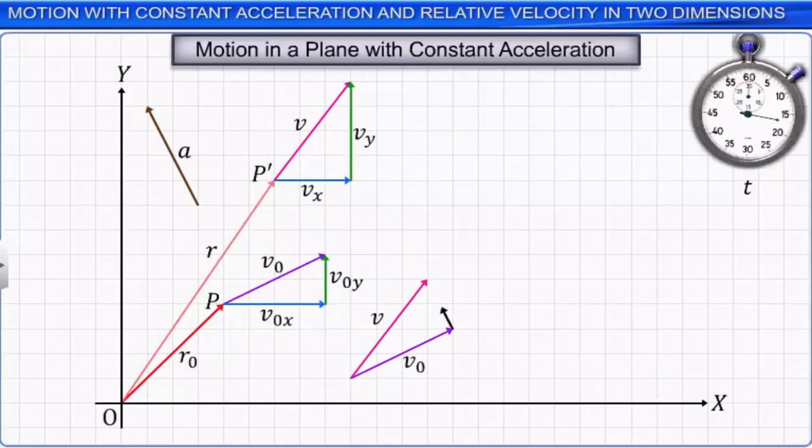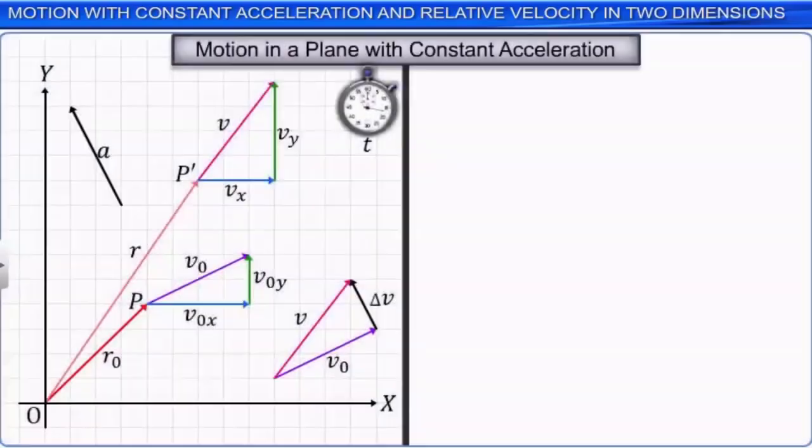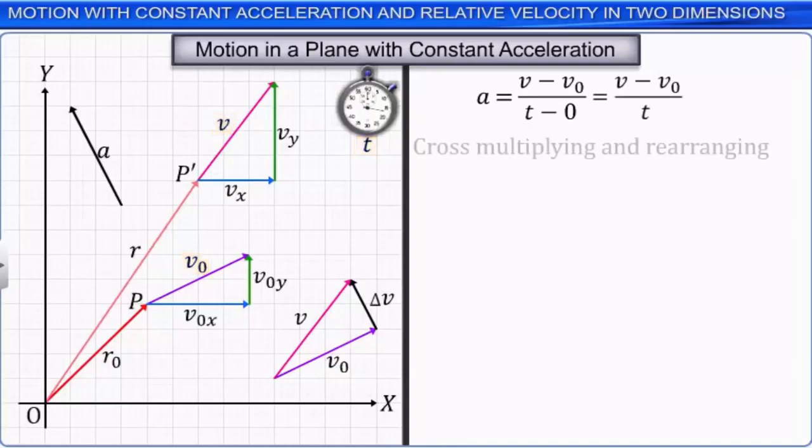Constant acceleration a is equal to change in velocity by time. Thus, a can be written as v minus v0 divided by t minus 0, which is equal to v minus v0 divided by t. Cross-multiplying and rearranging, we get v is equal to v0 plus a into t.